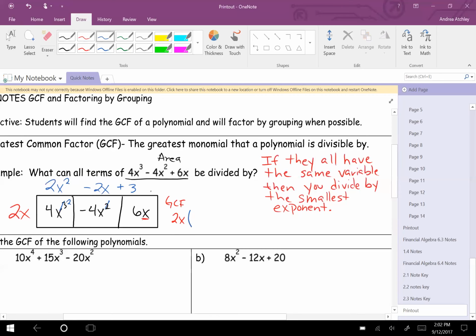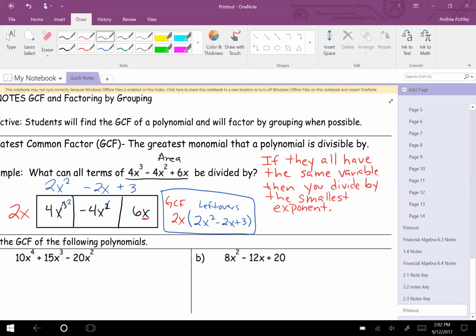And then this top part is the 2x squared minus 2x plus 3. That's just the leftovers. And the 2x and the 2x squared minus 2x plus 3 are the factors of our original problem, the 4x cubed minus 4x squared plus 6x.